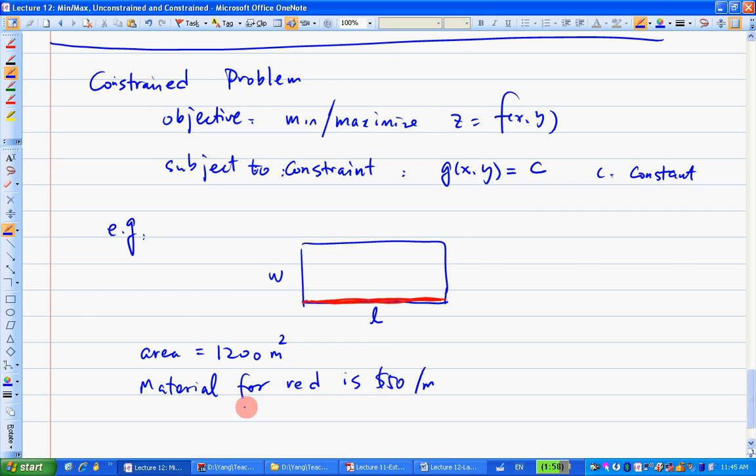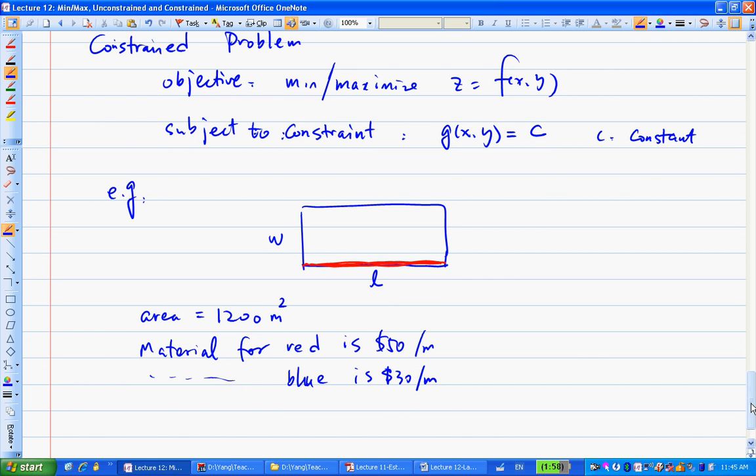And the material for the blue side is $3 per meter. So the Home Depot says the steel fence is like that. Then the whole question here is, how do I minimize the cost? All right, how to minimize the cost?